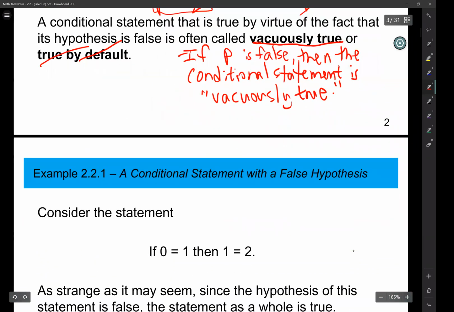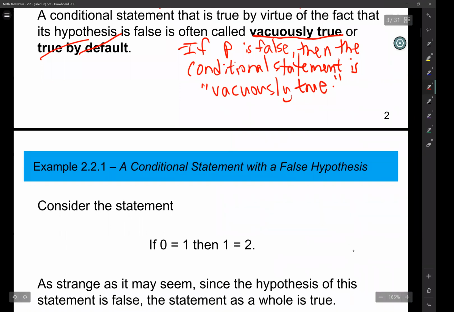So for instance, when we have this conditional, this would be our P and this would be our Q. So we have P implying Q. The if-then is wrapped up in the arrow. I can't draw an arrow. P implies Q there. So if 0 equals 1, then 1 equals 2.